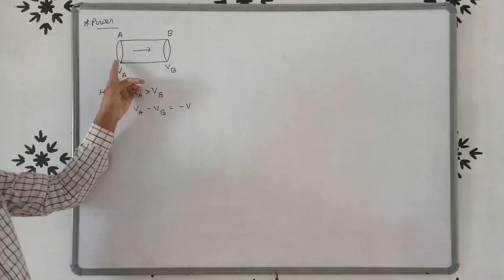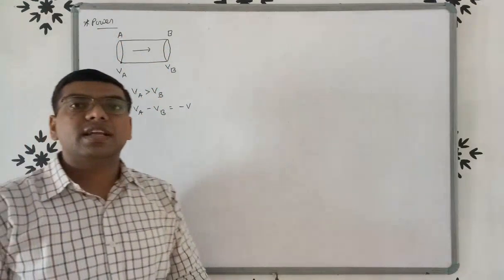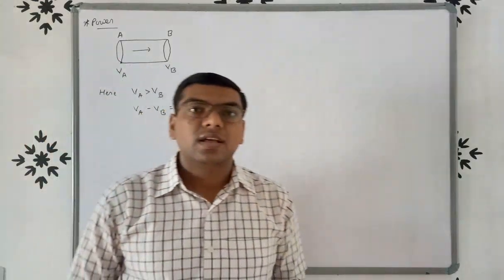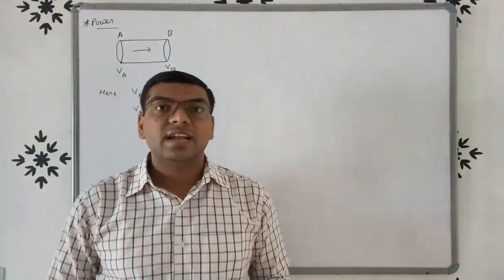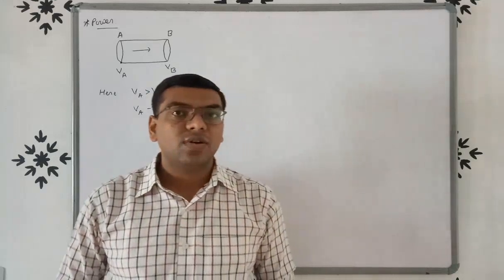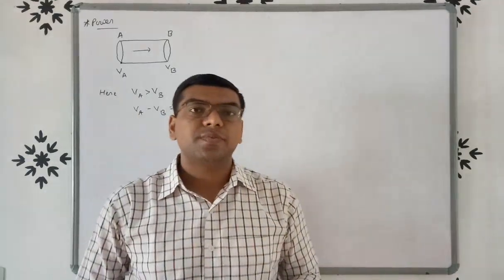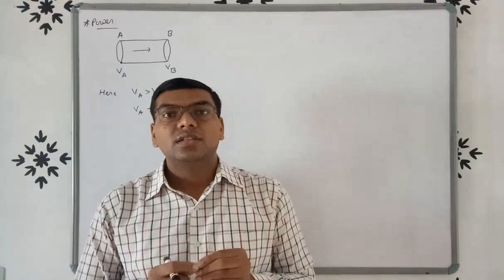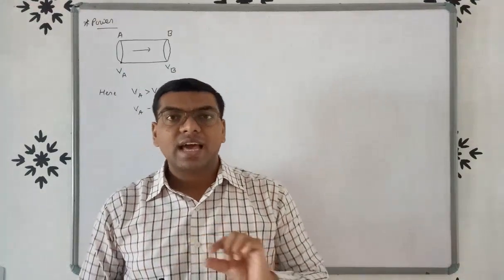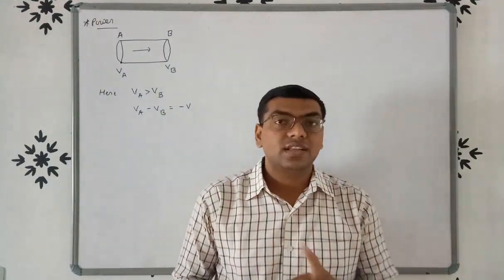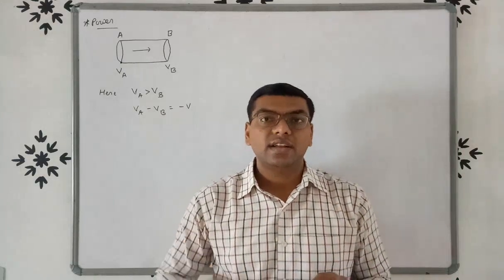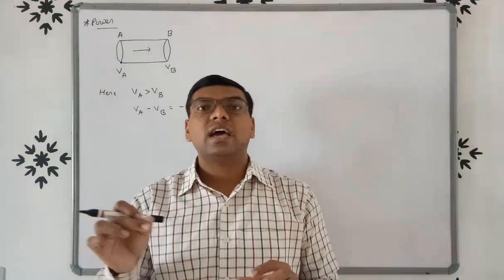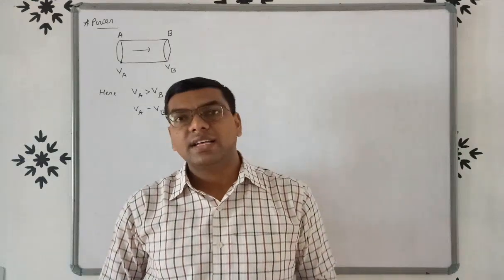Now we know that if there is a current flow, then there will be a motion of charge, and here the charge will be electrons, right? So here the electrons are in motion. This is the conductor, and we know that in a conductor these electrons collide with ions.